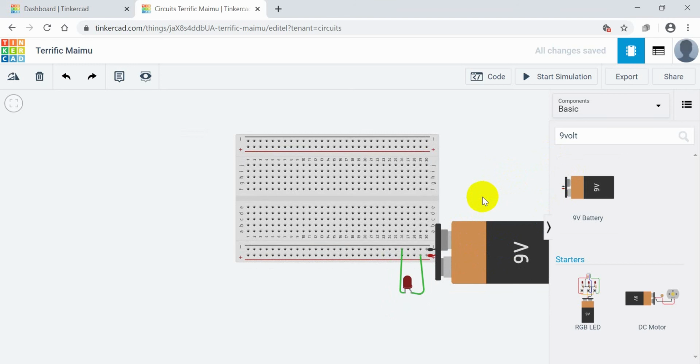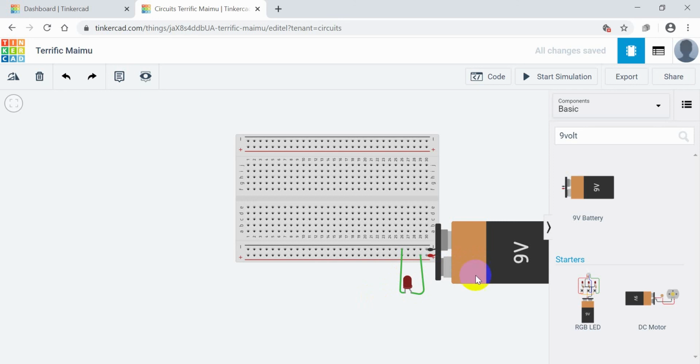So how much safety resistance is required? Actually, an LED operates at around 2 volts, plus or minus, based on the design. Here we connected the 9 volts, required is 2 volts only, remaining 7 volts.